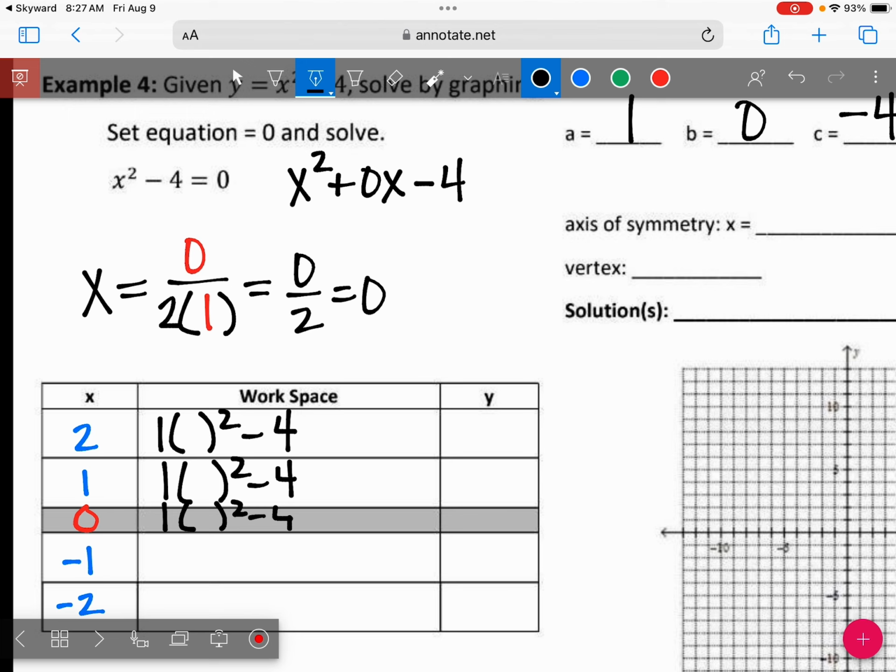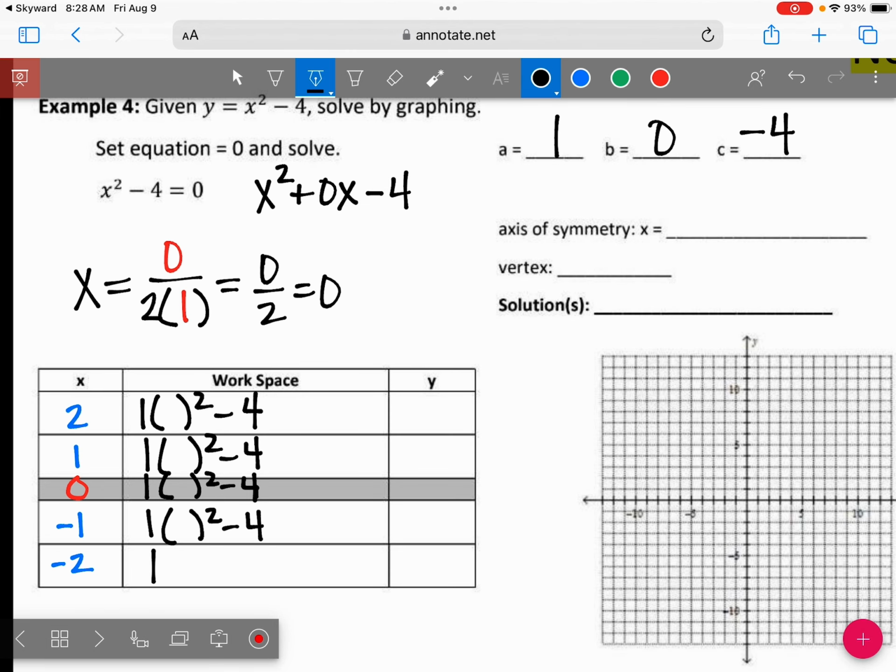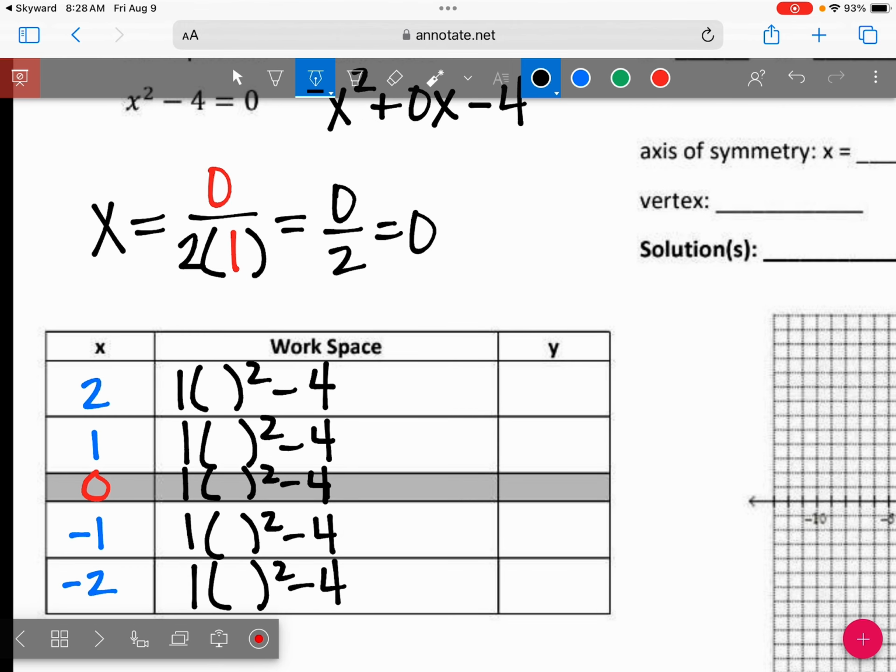I'm going to go ahead and just write this out. And then you all pick up your calculators and find these 5 numbers.